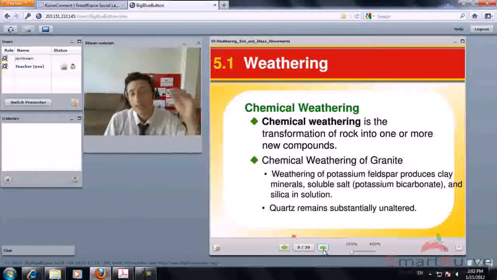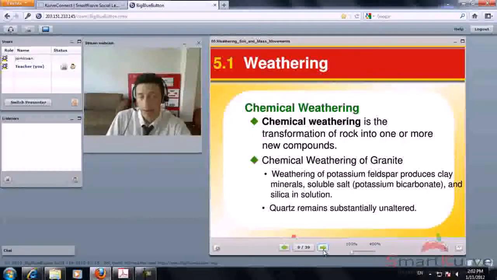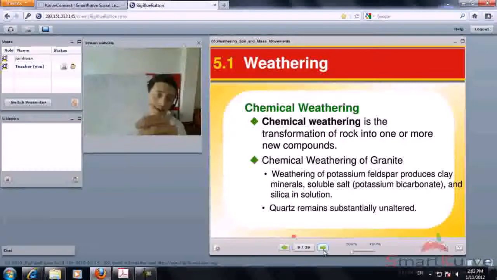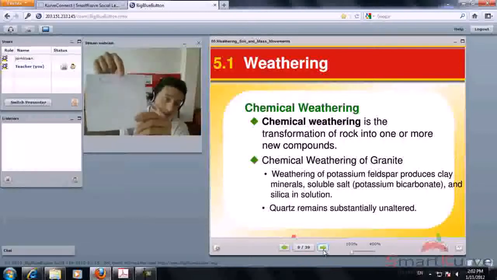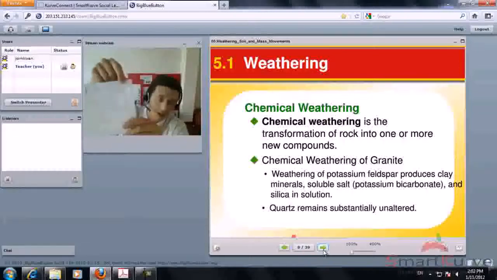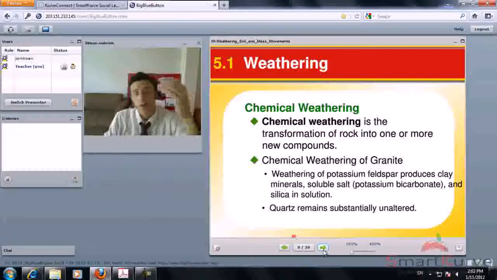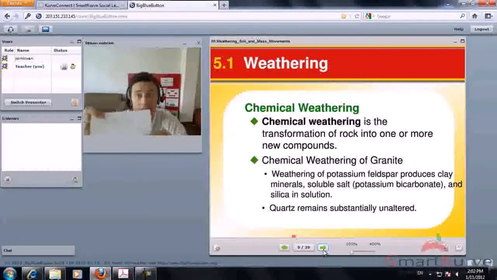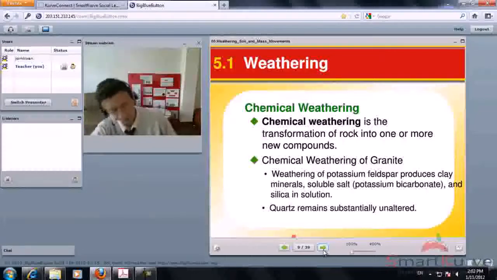However, let's take the other example, the potassium feldspar. Potassium feldspar has potassium, aluminum, 3 molecules of silicon, and 8 molecules of oxygen. So you've got potassium, which is an alkali metal, and aluminum, which is a transition metal.